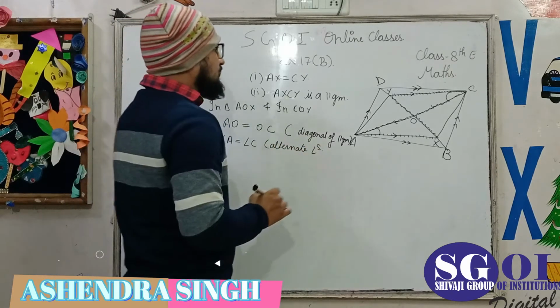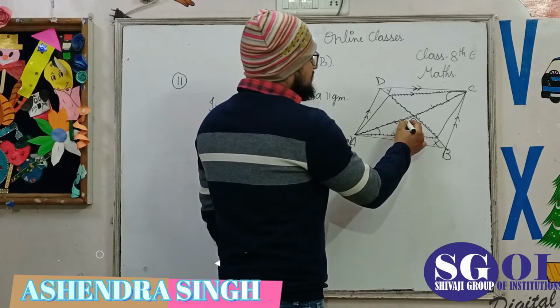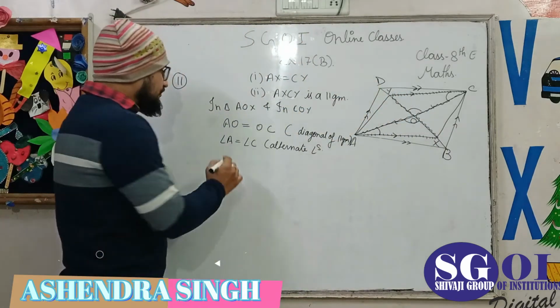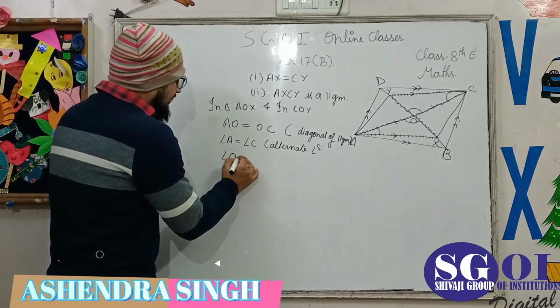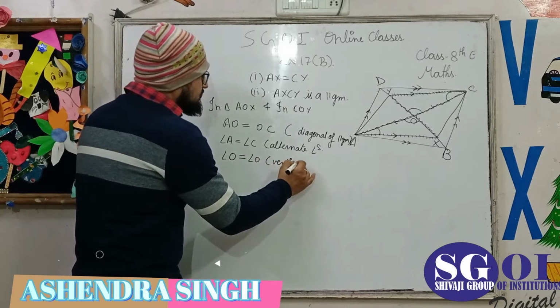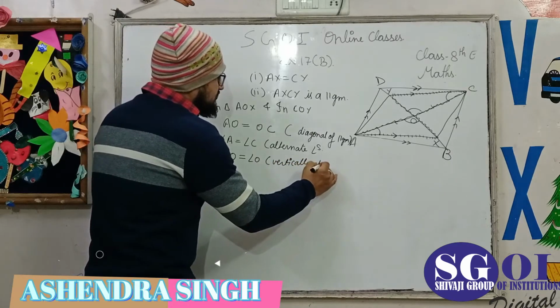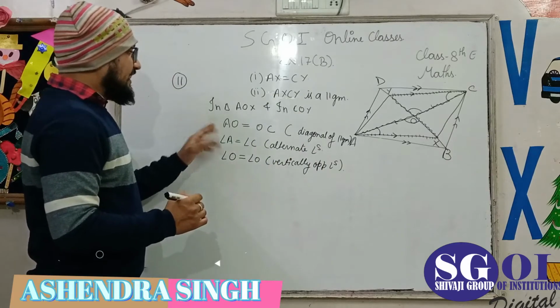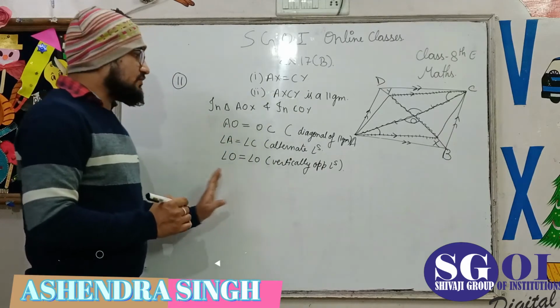Now this is angle O and this is again angle O. These are vertically opposite angles. So you will be writing angle O is equal to angle O, vertically opposite angles.